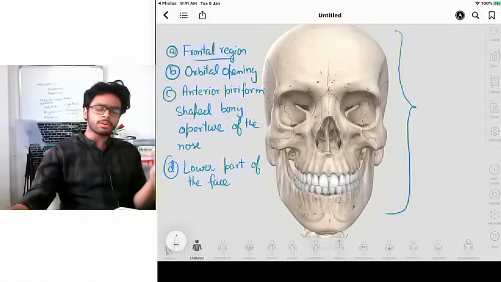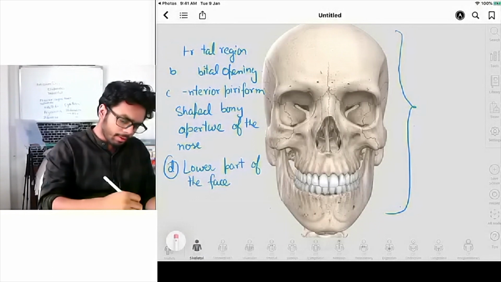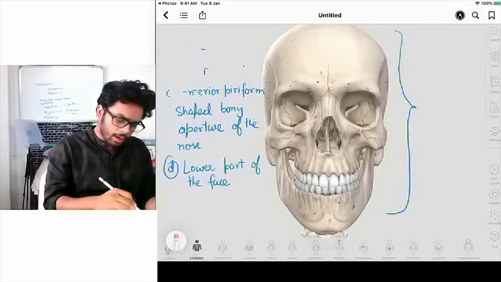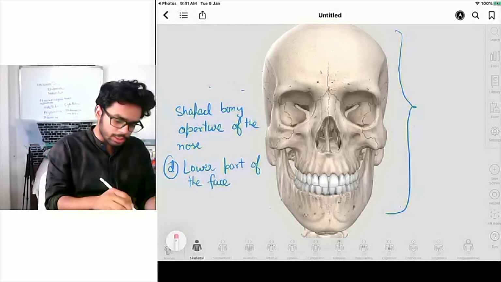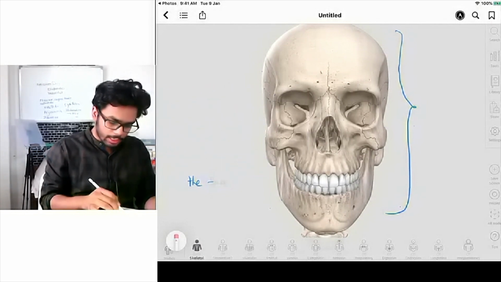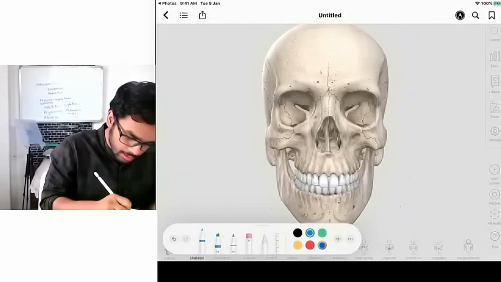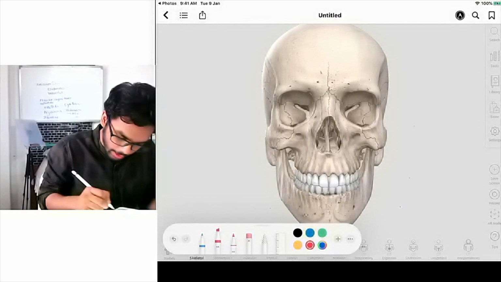The first region which we will study is the frontal region. When you see the frontal region, the very prominent structure is the superciliary arch, which is above the orbital opening. Let me highlight this structure.